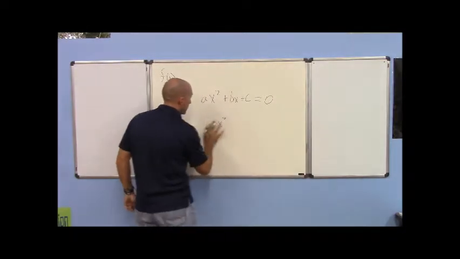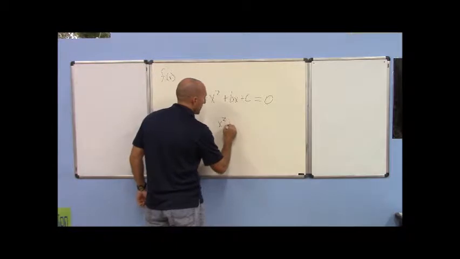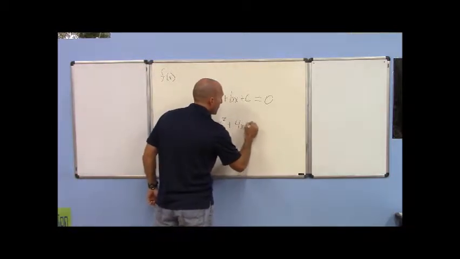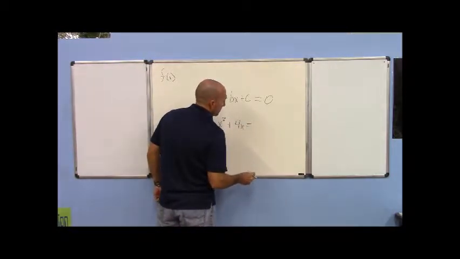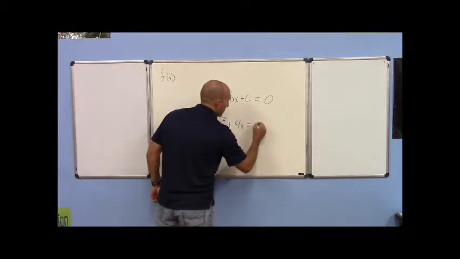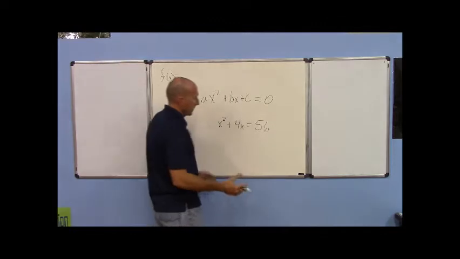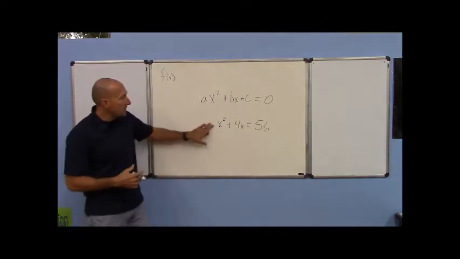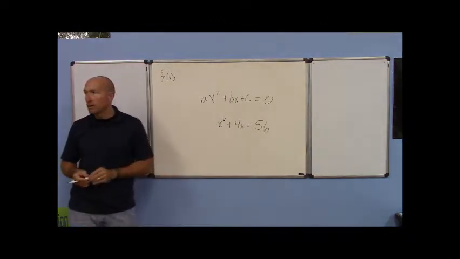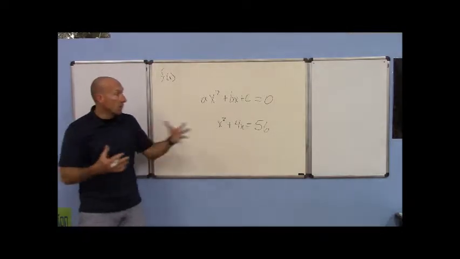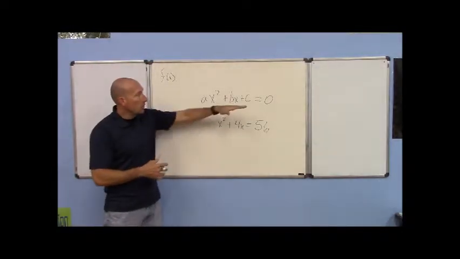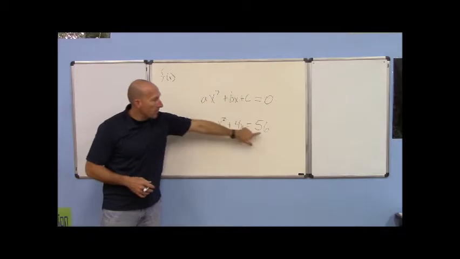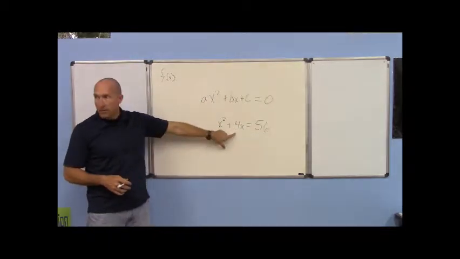Let's say x squared plus 4x equals 56. Just because it's in this form does not mean it's not a quadratic equation. We can rename it into this form by moving the 56 over to this side.